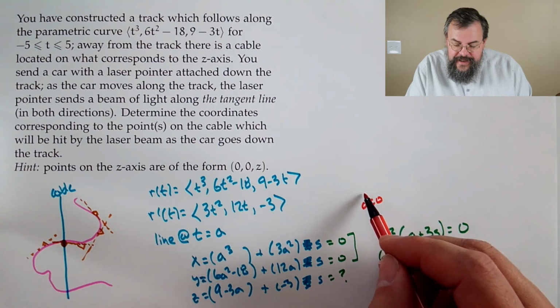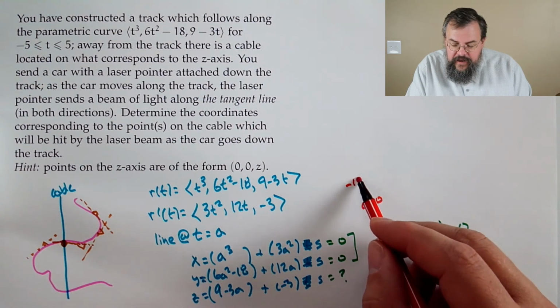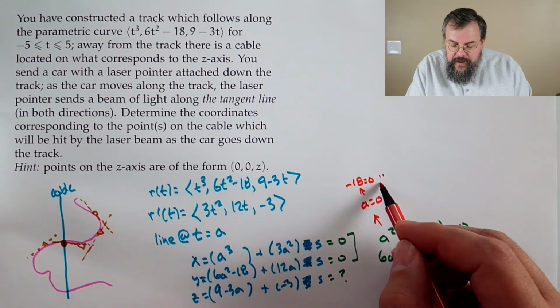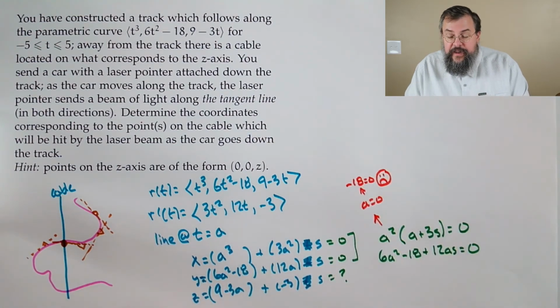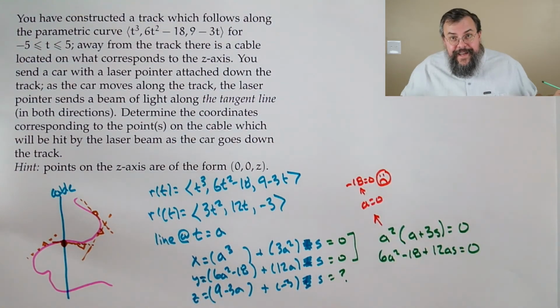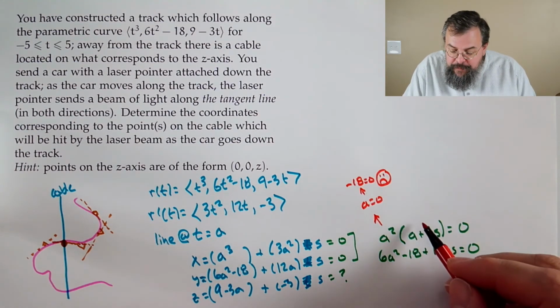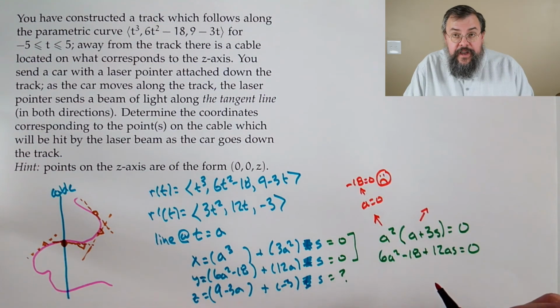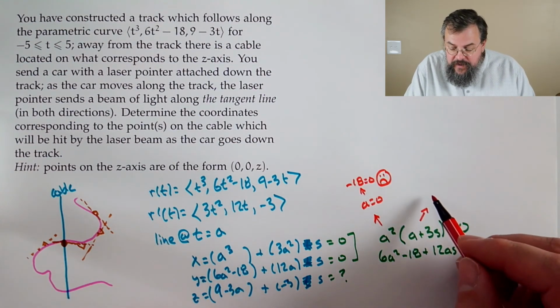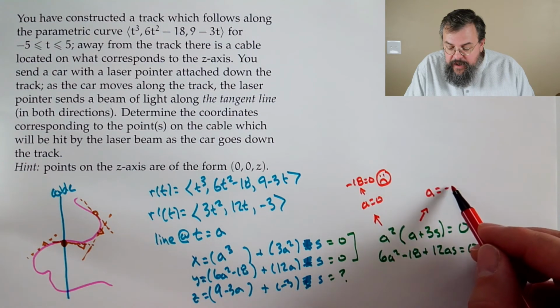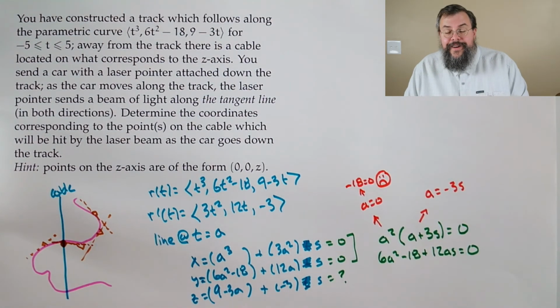So this would imply minus 18 equals 0, which is not possible. Okay, so that means it's not the case that a equals 0. We can rule that out. So it is the case, then, that a plus 3s is equal to 0. So we say, all right, a should equal minus 3 times s.